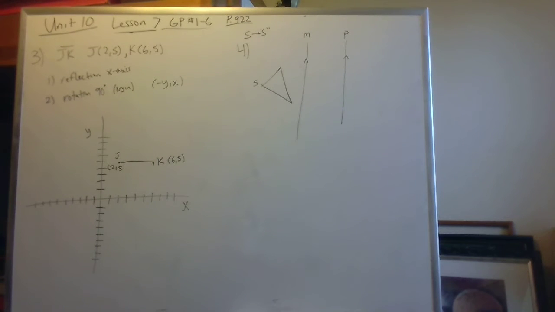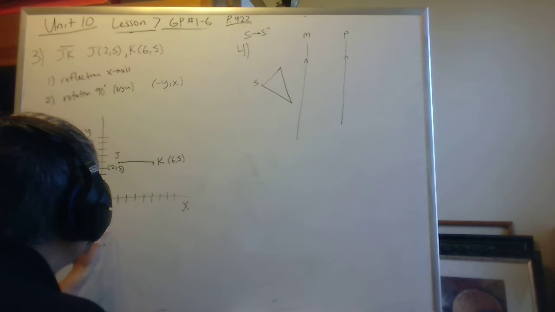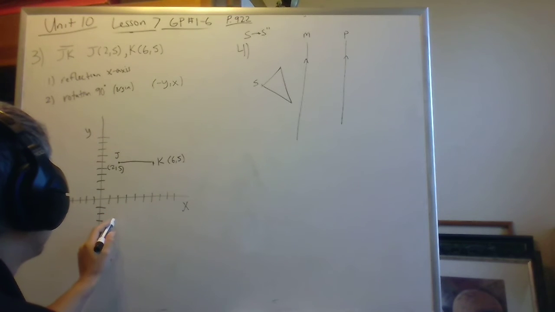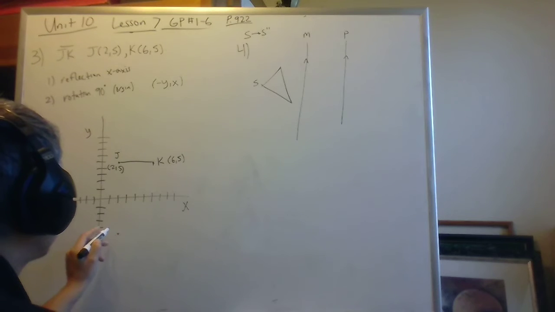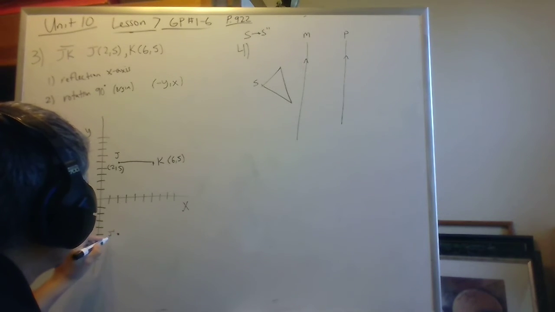Okay, so now it says we're going to have a reflection across the x-axis. So instead of being at 2, 5, it's going to be at 2 and then negative 5, so right here. So our new J prime is going to be at 2, negative 5.